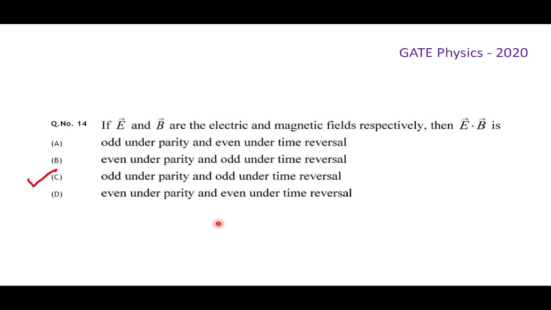Okay, in case of electric field, it can be said. But how will you say in case of magnetic field with that concept? If it is time reversed, then minus t.